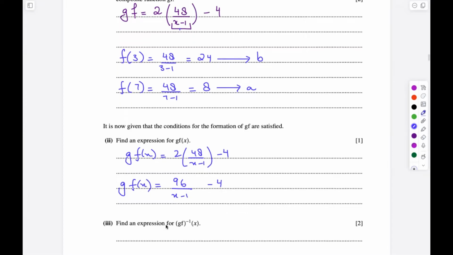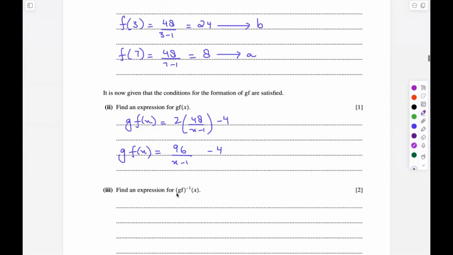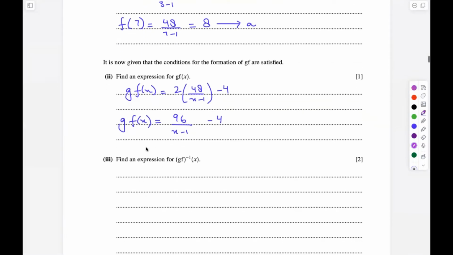In part 3, it says find an expression for gf inverse. As you already have gf in the previous part, to find the inverse, first you can write y in place of gf of x and write it as y equals 96 upon x minus 1, minus 4. Now exchanging the values of x and y, we can write x equals 96 upon y minus 1, minus 4.